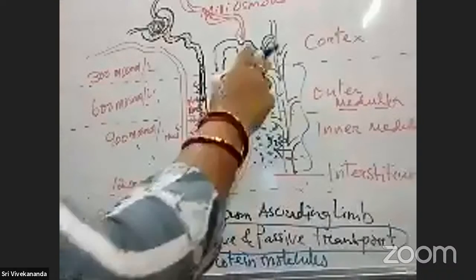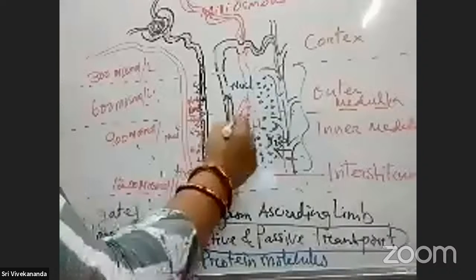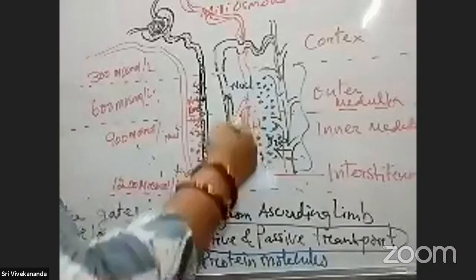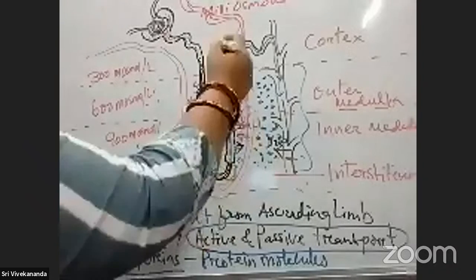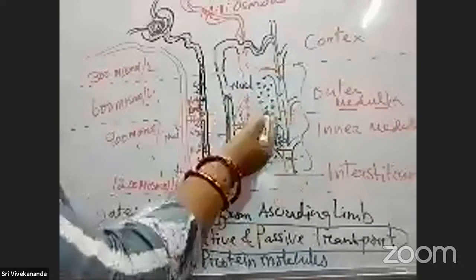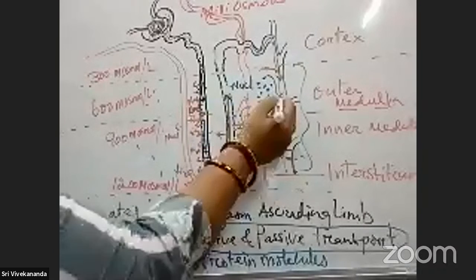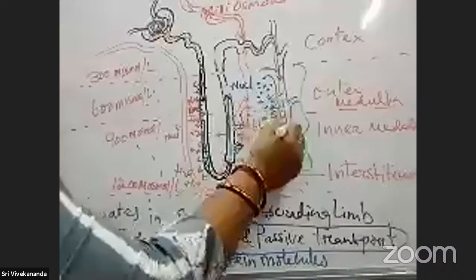Here some solutes came out, and the filtrate becomes slightly diluted. Here the solute which came out from the filtrate will drag more water from the collecting duct.